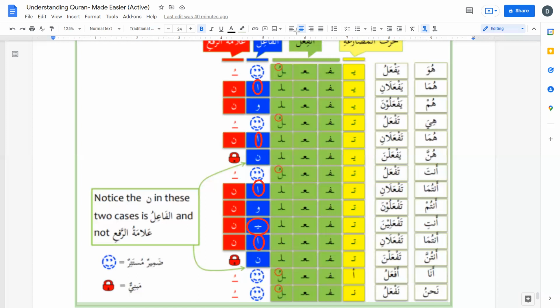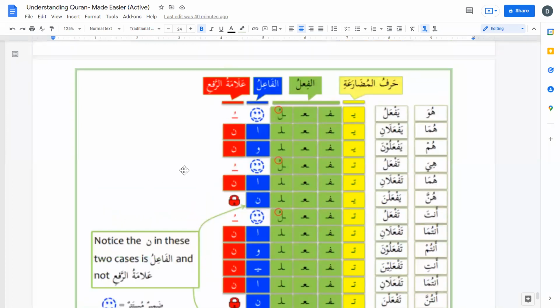Let me erase first. So another important thing, which is alamati rafa. Why are we saying alamati rafa? Because the present tense has three different forms.